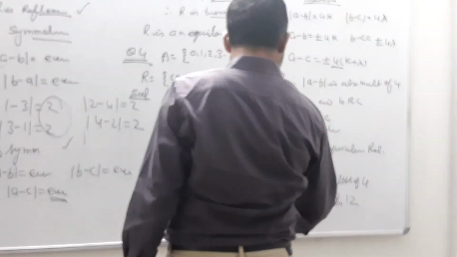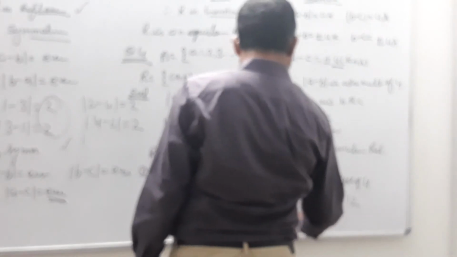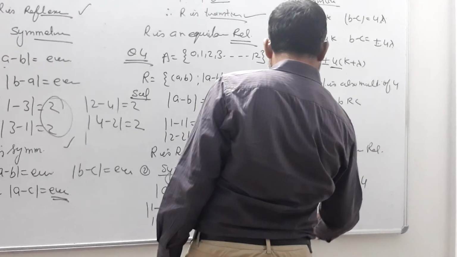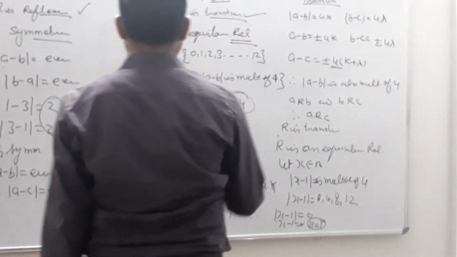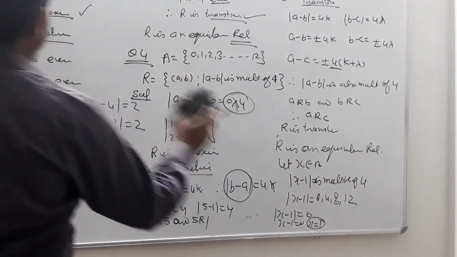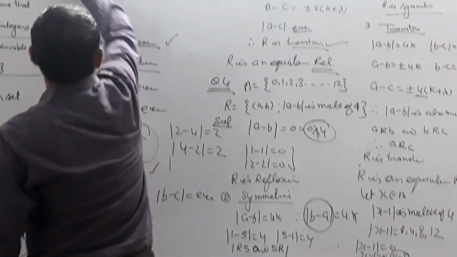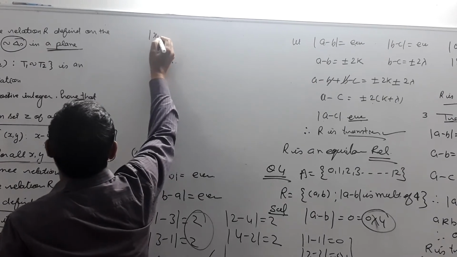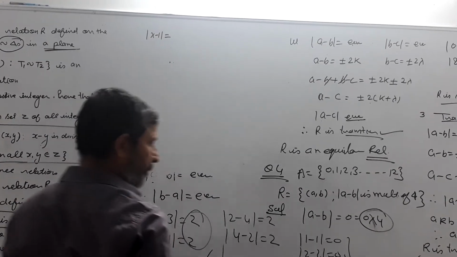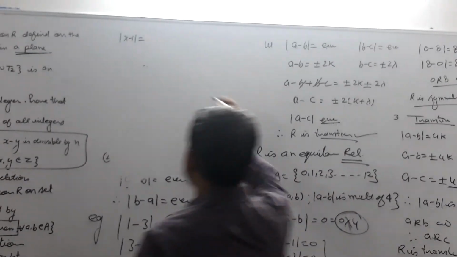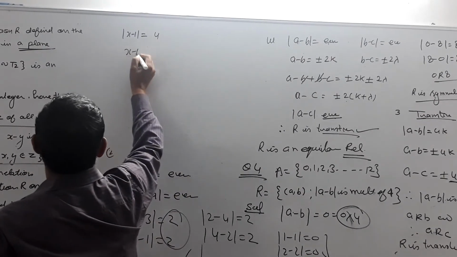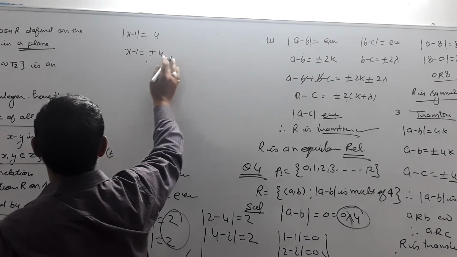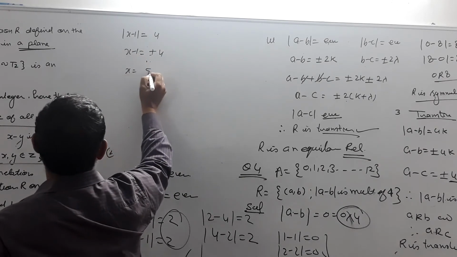So therefore, mod X minus 1 equals 0, then X minus 1 equals 0, X equals 1. Second part, mod X minus 1 equals 4, then X minus 1 equals plus or minus 4, because these are positive integers, X equals 5.